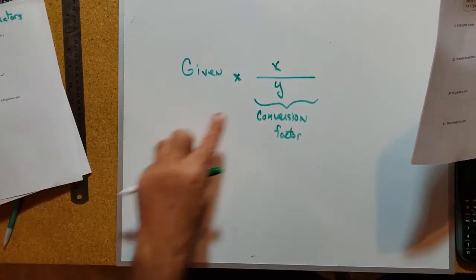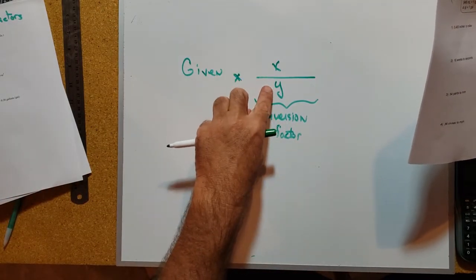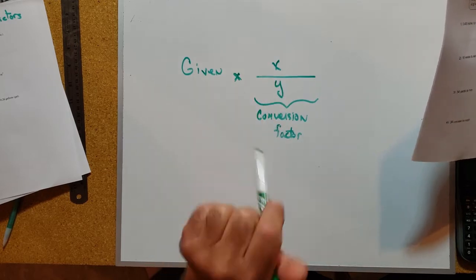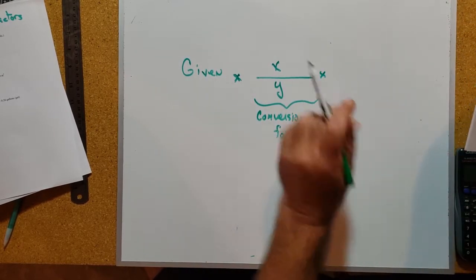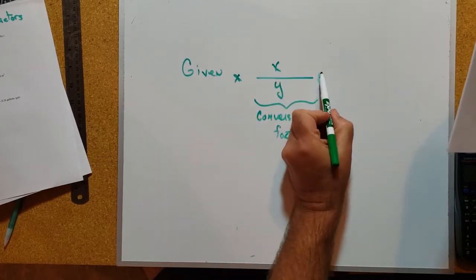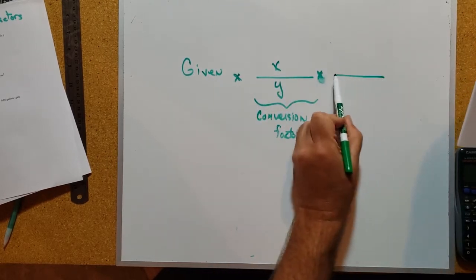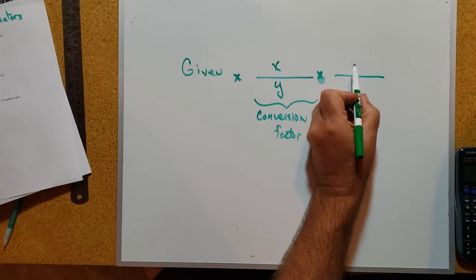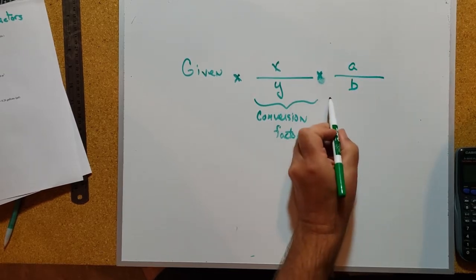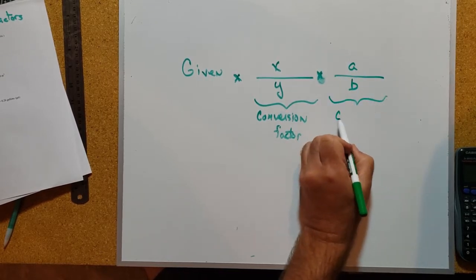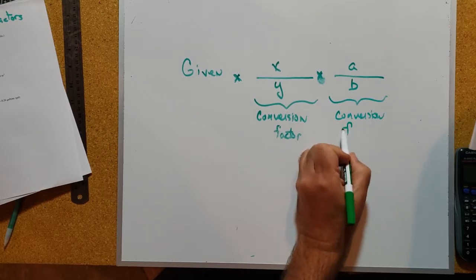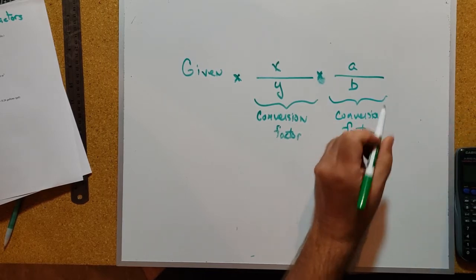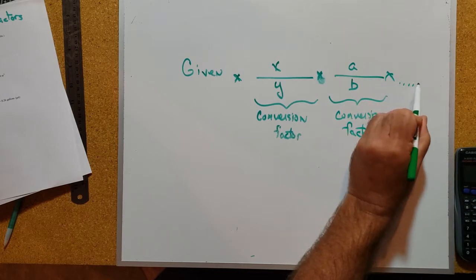Any conversion factor that we happen to need to utilize would go here. Like I said, 1 foot is 12 inches: one number over another. It's a conversion factor. Now, we may need to use multiple conversion factors, so we might need to do this again, where we have another pair of numbers, which represent just another conversion factor. And this may continue on.